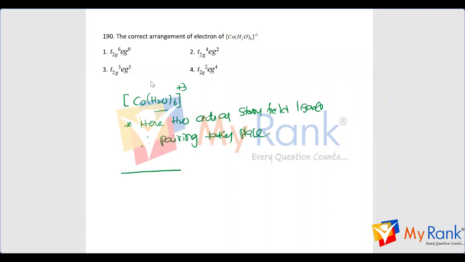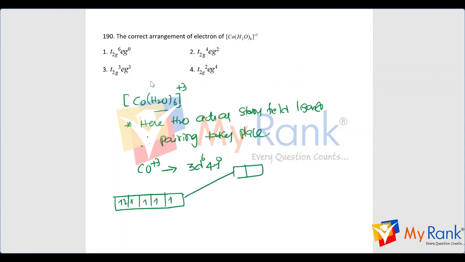Now here, cobalt +3. Cobalt is 3d7 4s2, so cobalt +3 is 3d6 4s0. Here we have 1, 2, 3, 4, 5, 6 electrons. An octahedral complex splits into two groups, eg and t2g.